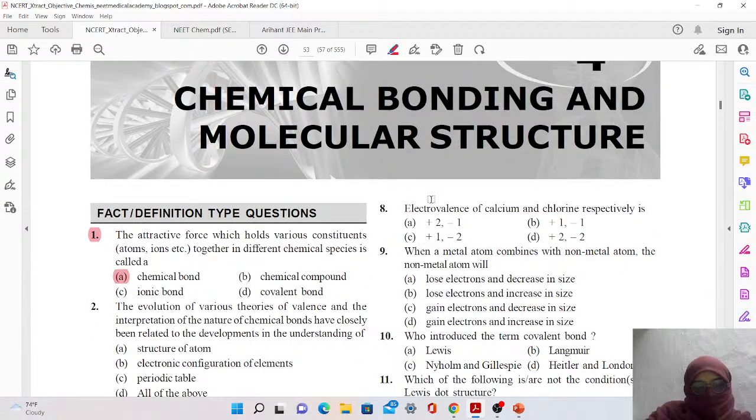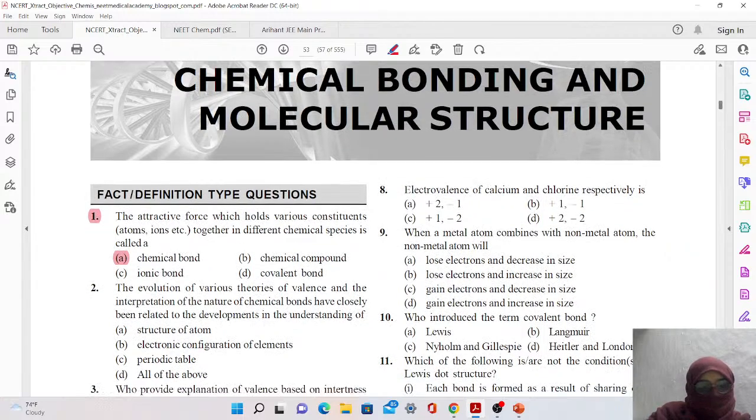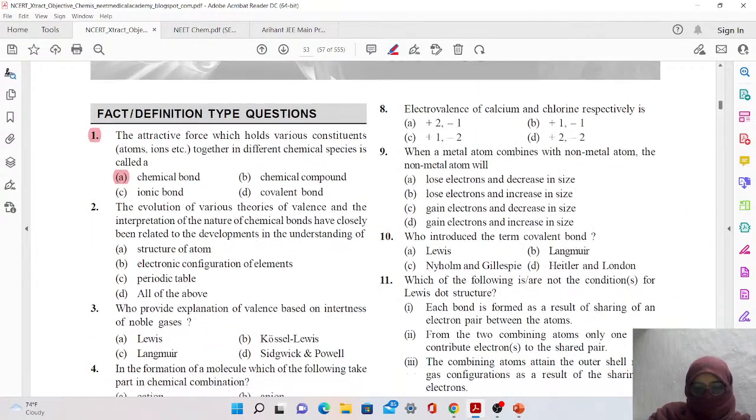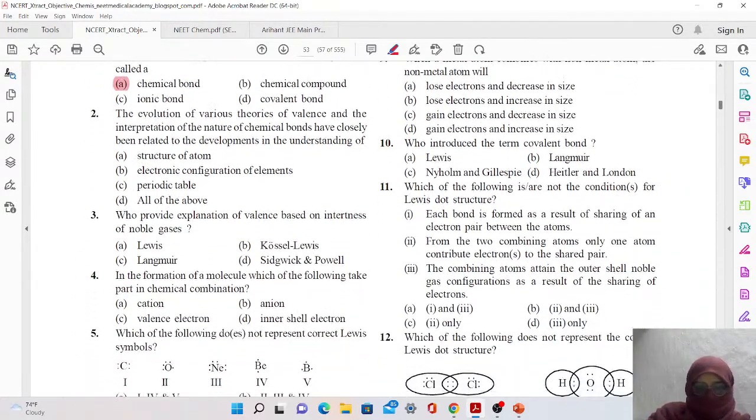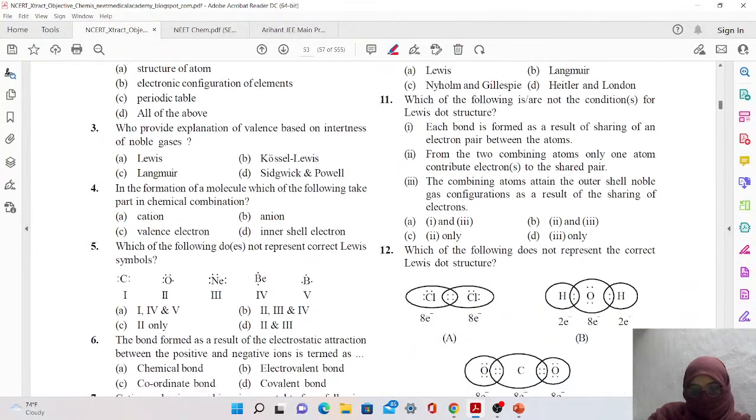So let's continue with the next one. I'll just skip those easier ones. The first one itself was the easiest.